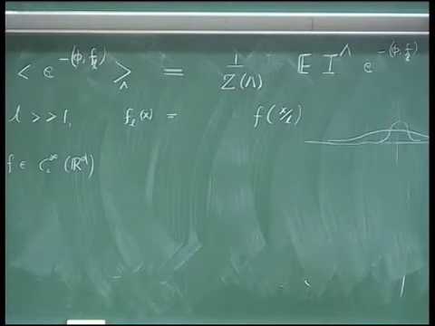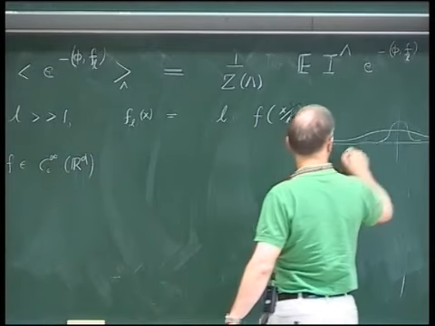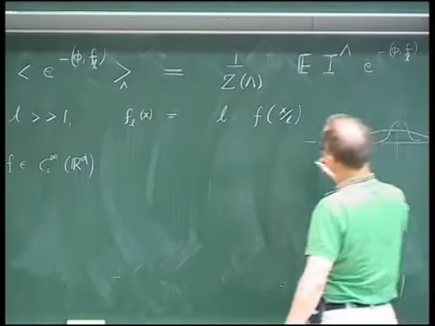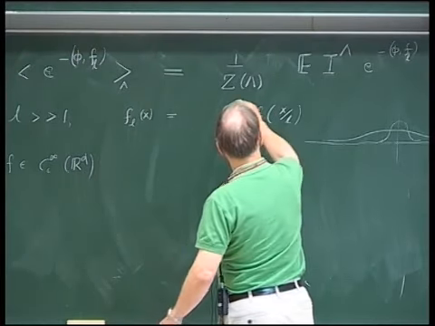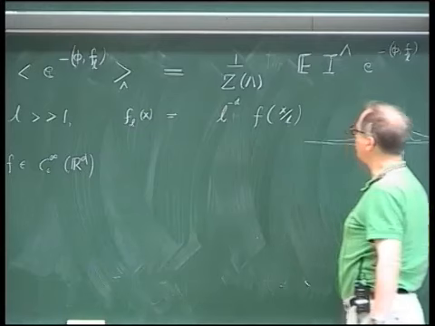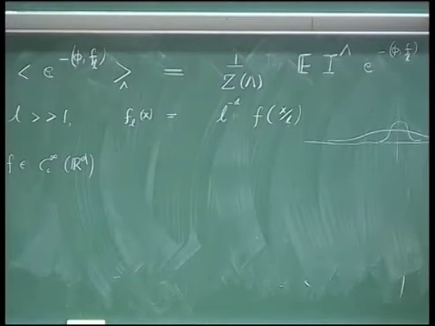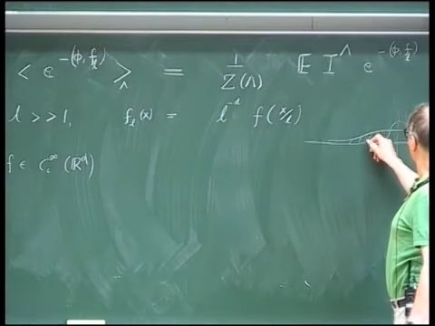And then we'll put a number in front of it. So we want to scale it a certain way. I'm going to put this number in front, L to the minus d. If I just stopped there, what I would be doing is normalizing this so the area under it is always 1.